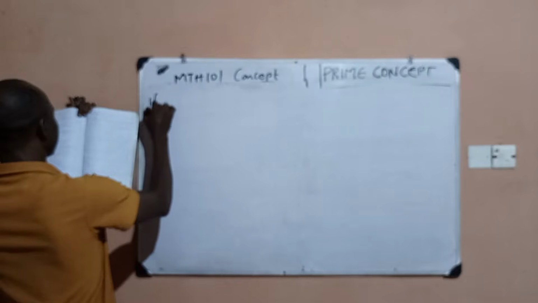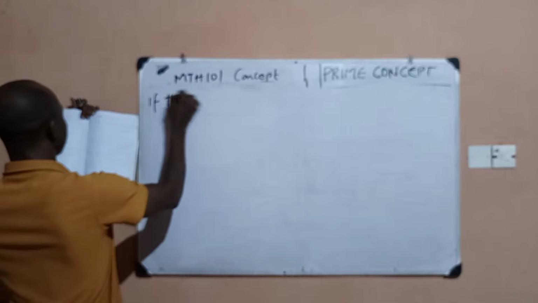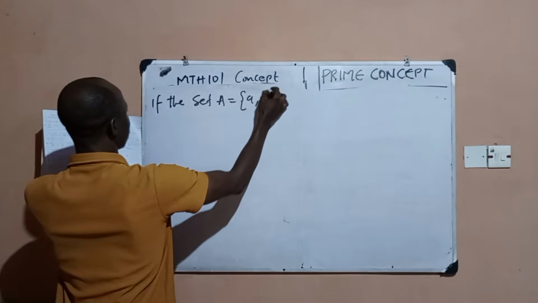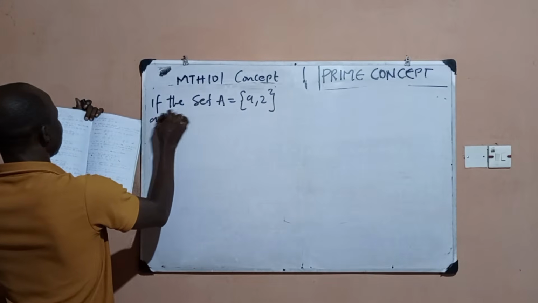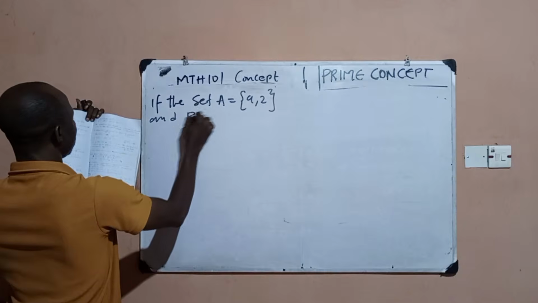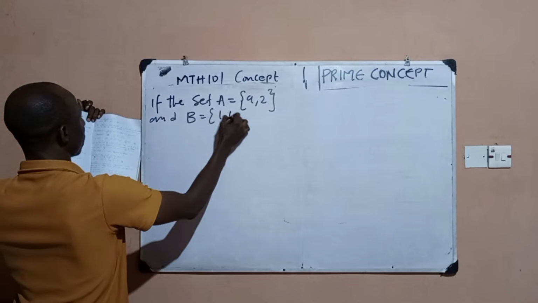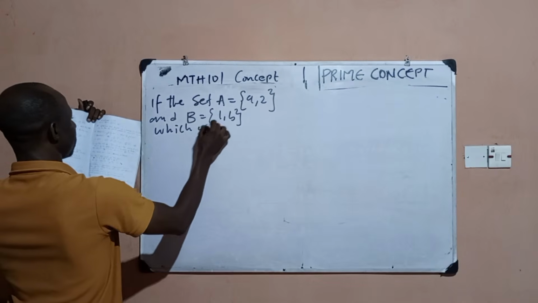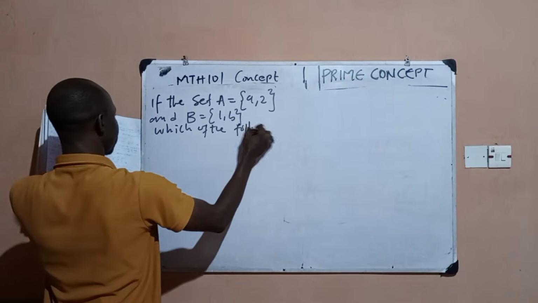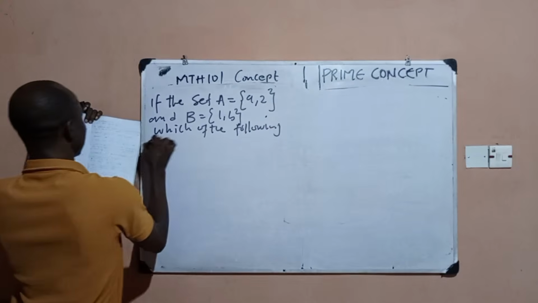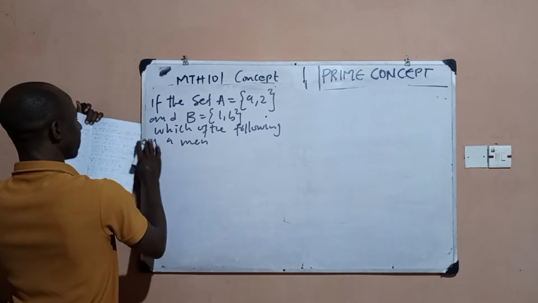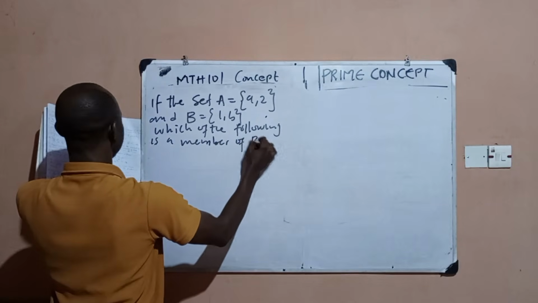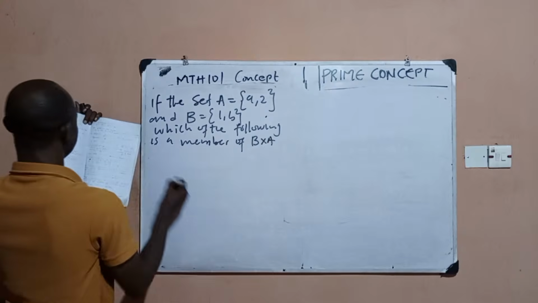So they say if the set A equals A, 2 and B equals 1, B, which of the following is a member of B cross A?